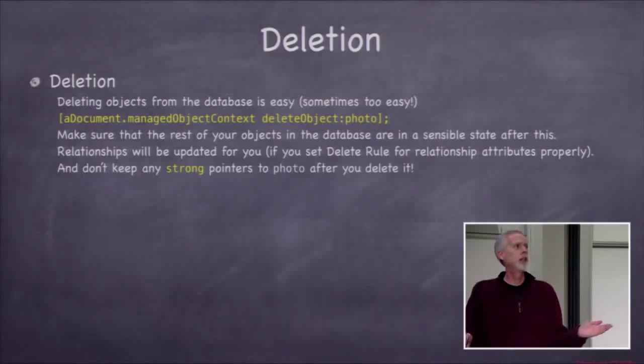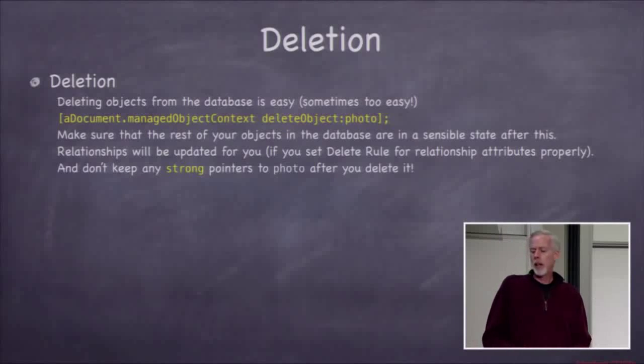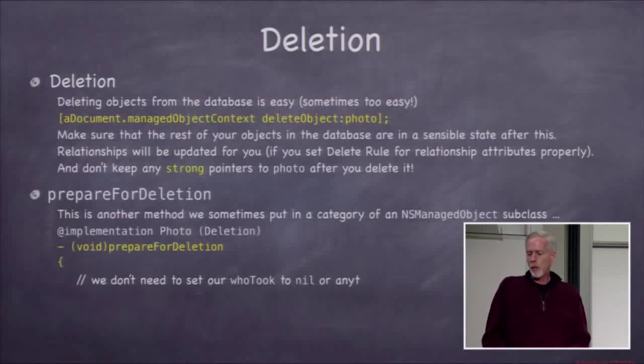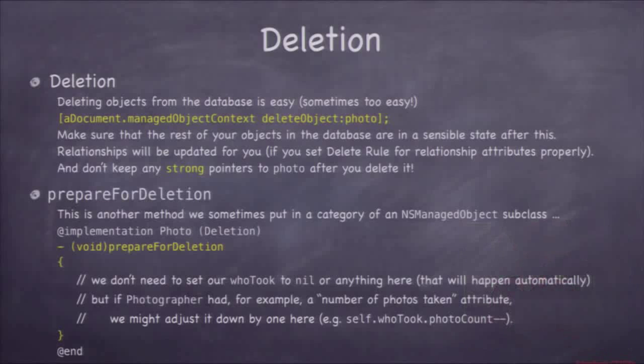It's been deleted. So if you try to say photo.title equals something on the next line, I don't even know what would happen. Something bad. Don't do it. I mean, that's completely obvious, right? But it's something people forget, and then they're like, "What? It's not working."